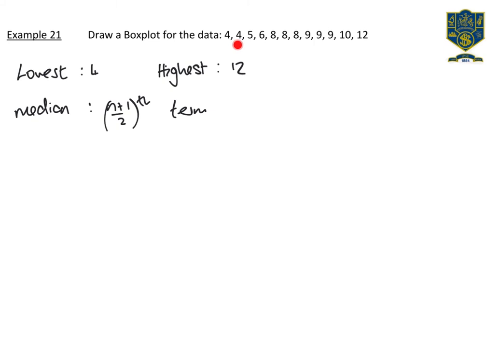We've got 12 terms, so it's 12 plus 1 over 2, which is the 6.5th term. So we look at the 6th and the 7th, and the median lies between these two 8s. So we do 8 plus 8 divided by 2, and we get 8 for the median.